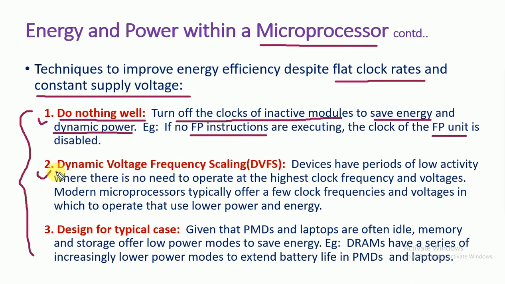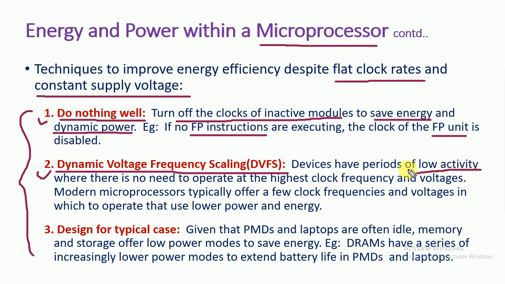Okay, the next method is dynamic voltage frequency scaling, shortly called DVFS. This is a slight variation of the previous one, but we are doing something more here. Devices have periods of low activity, so we are not considering inactive modules.